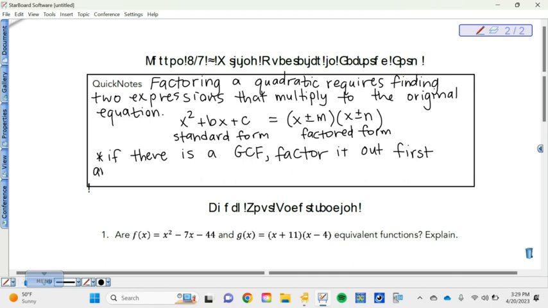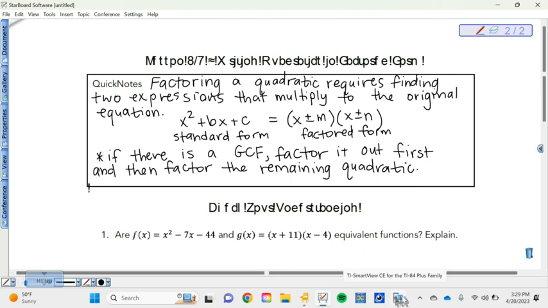And then factor the remaining quadratic. Okay. You can also put one more example over here.